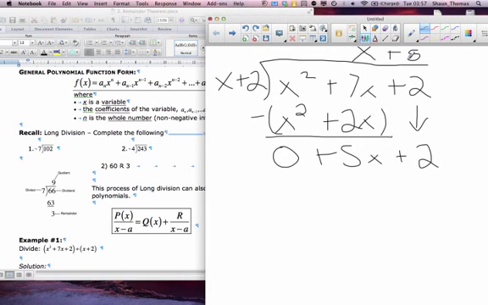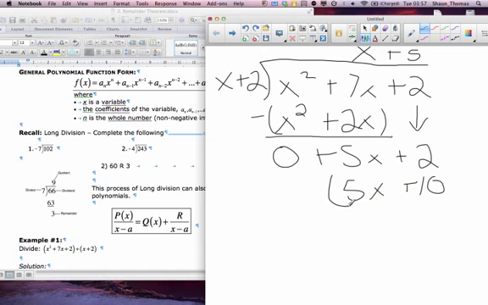above, and I take my 5 now and multiply it by everything in my divisor. So 5 times x gives me a 5x. 5 times 2 gives me a 10.